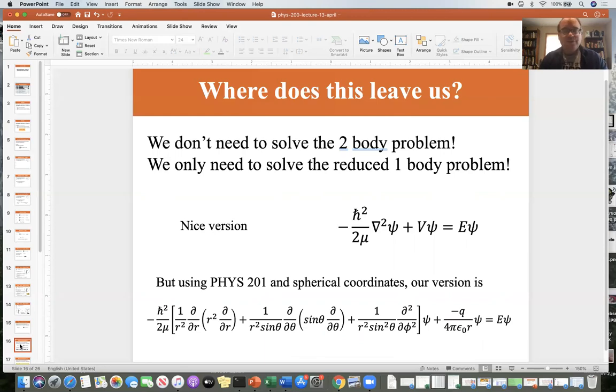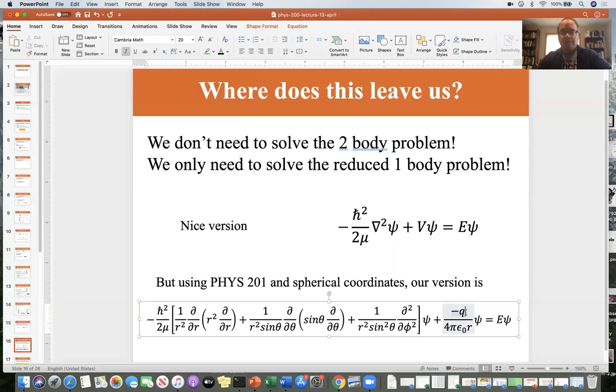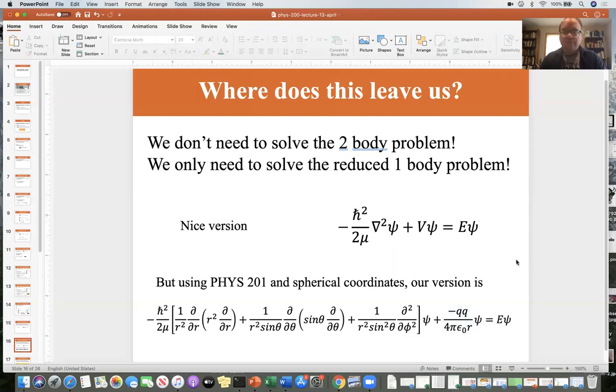Using 201 in our spherical coordinates, our version of this is minus h bar squared over 2 mu times this nasty operator on psi, plus here's our potential, negative q over 4 pi epsilon naught, psi is equal to E psi. And this right here, by the way, should be 2 q's, not just one, because it's potential energy, not a potential.